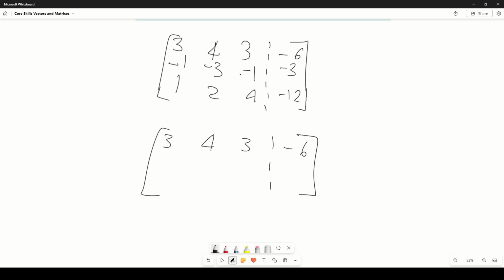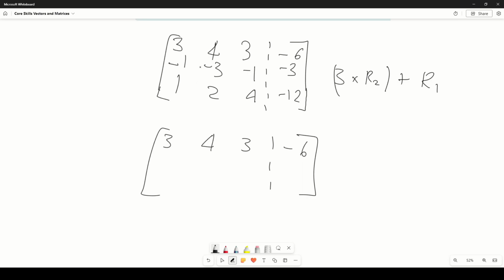What I am going to use is this first row to modify the second row. In my head, I'm going to do 3 times the second row, and I'm going to add that to the first row. And that's what I'm going to set as my new second row here.